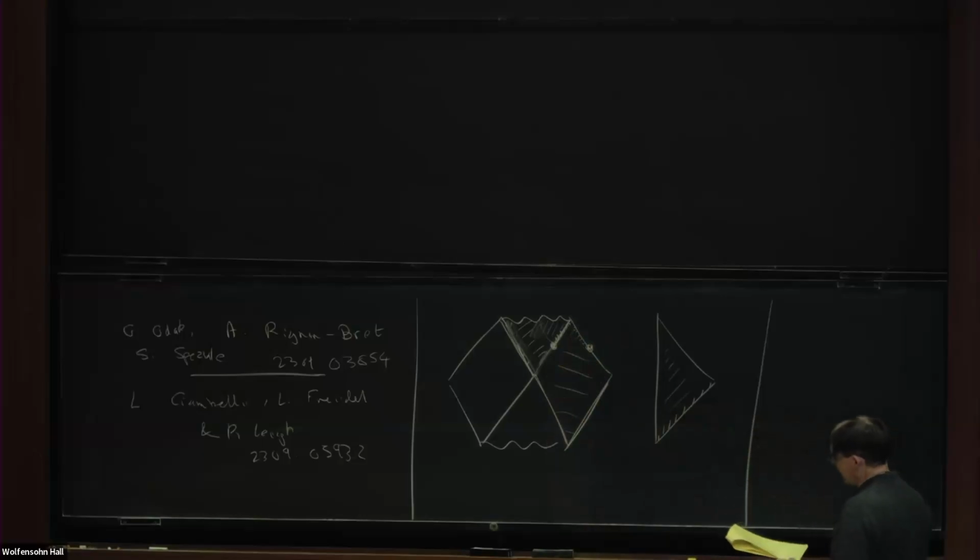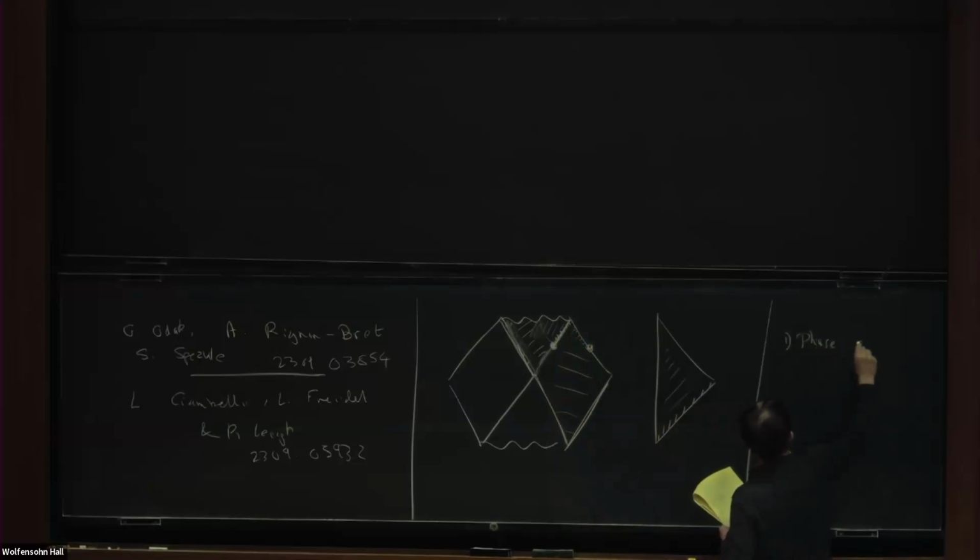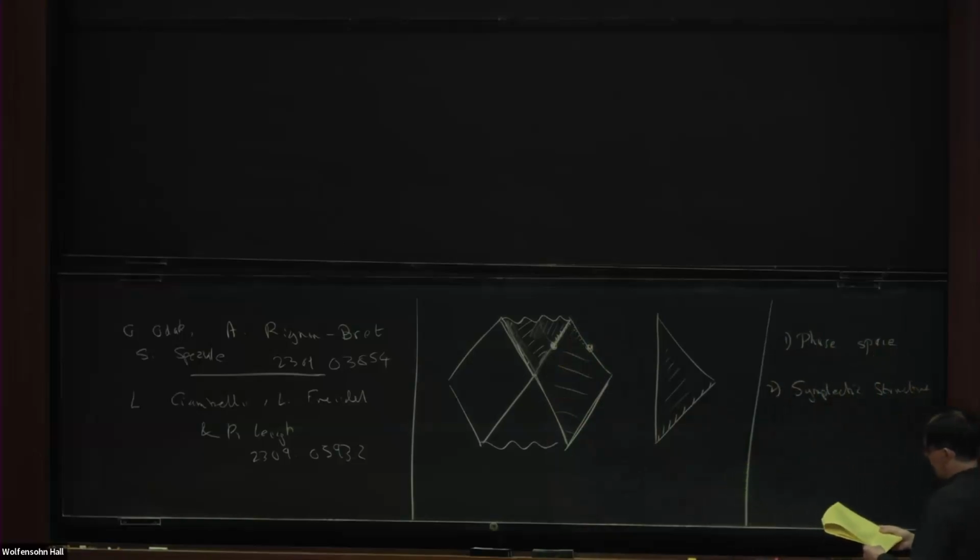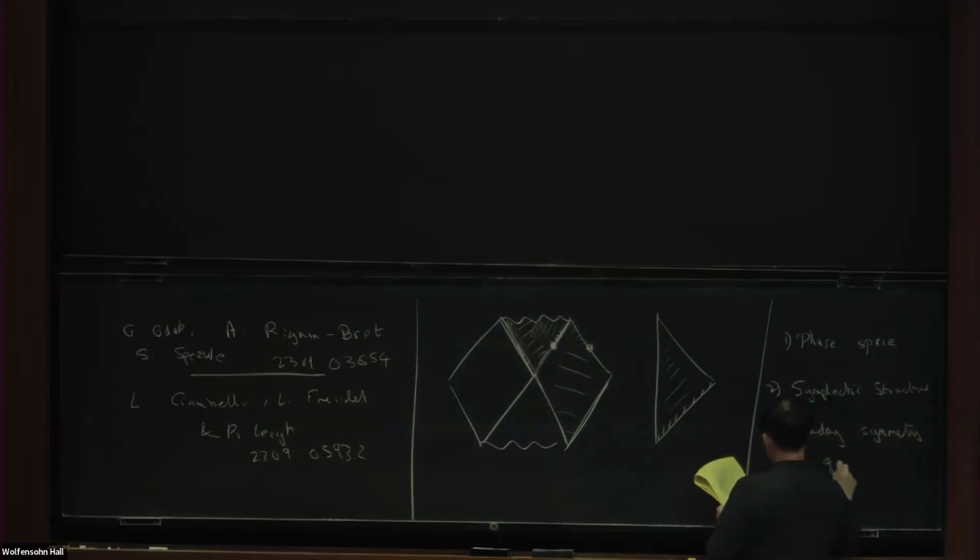So I'm interested in how do I construct the phase space? What's the symplectic structure? Are there any ambiguities in the symplectic structure and so on? And what is the boundary symmetry group in all of these different cases?